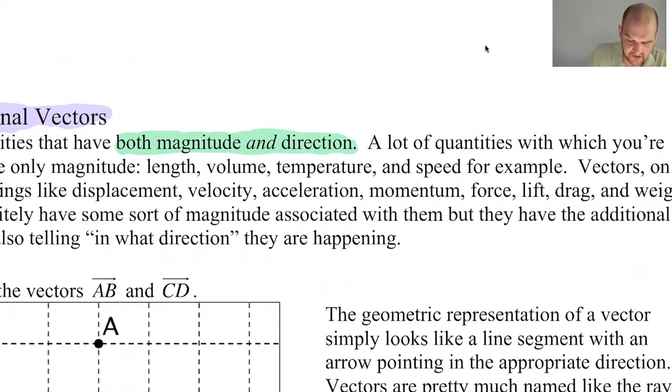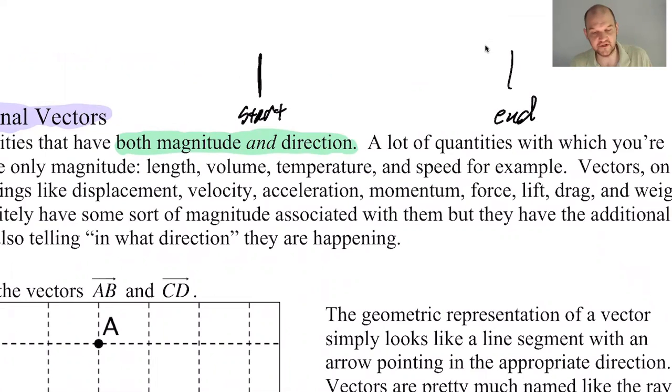You know their speed. So here's the start, and let's say here's the end. You know that person A is going to go 7 miles per hour, and B is going to go 5 miles per hour.